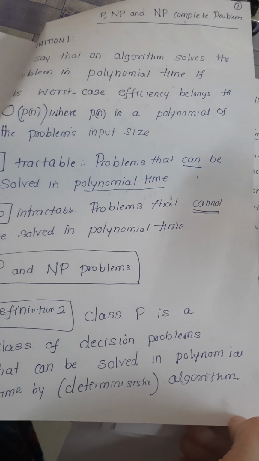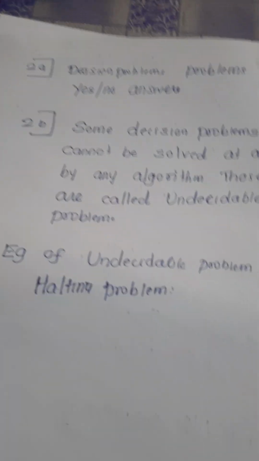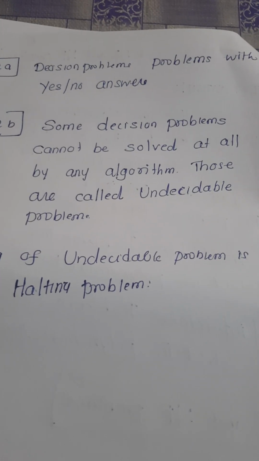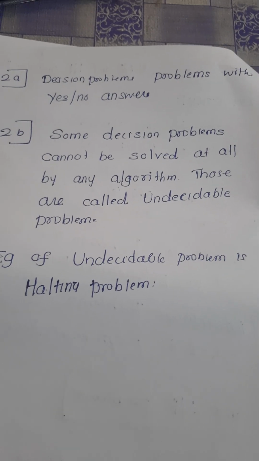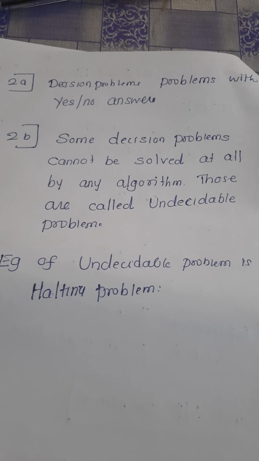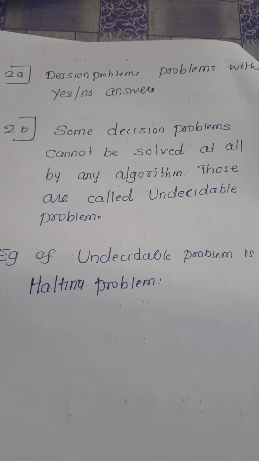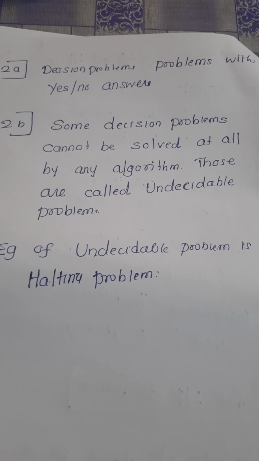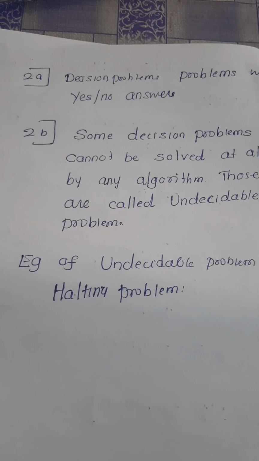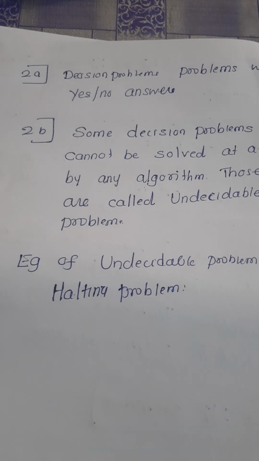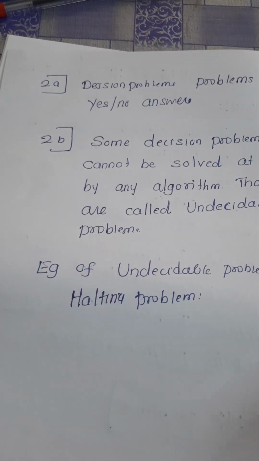We will see the definition of a deterministic algorithm. Decision problems have yes or no as answers. An undecidable problem is one where some decision problems cannot be solved at all by any algorithm. An example is the halting problem, which we have seen in class. Now let me come to this.